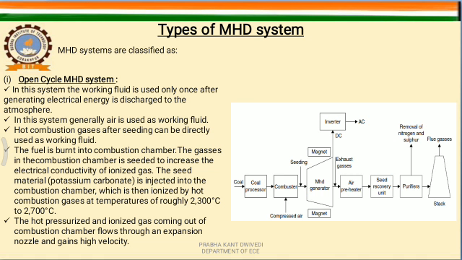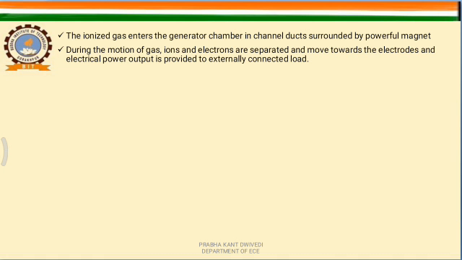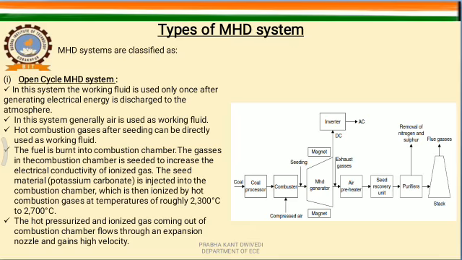The hot, pressurized and ionized gas coming out of the combustion chamber flows through an expansion nozzle and gains high velocity. The ionized gas enters the generator chamber, a channel duct surrounded by a powerful magnet. During the motion of the gas, ions and electrons are separated and move towards the electrodes, and electrical power output is provided to the externally connected load.